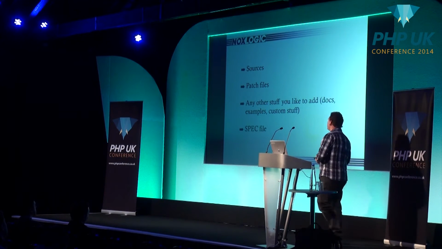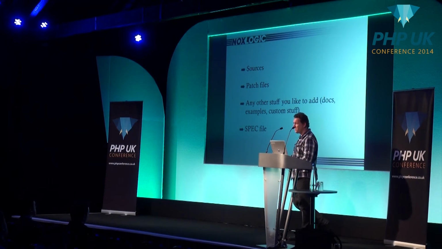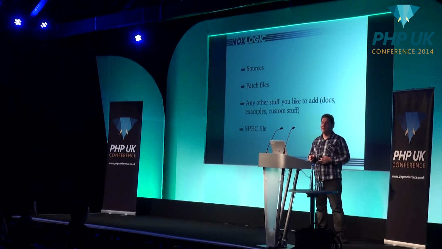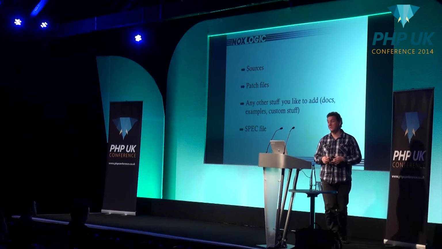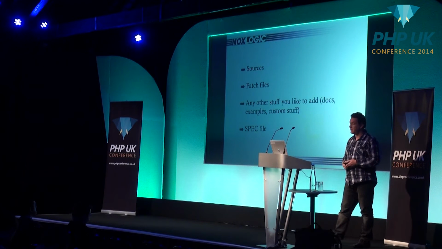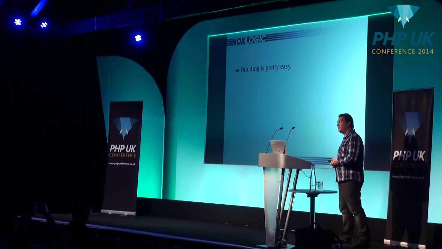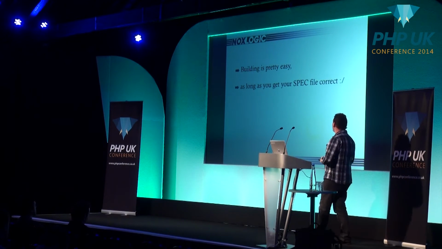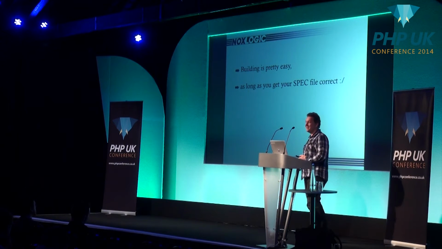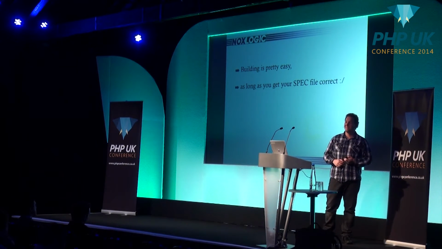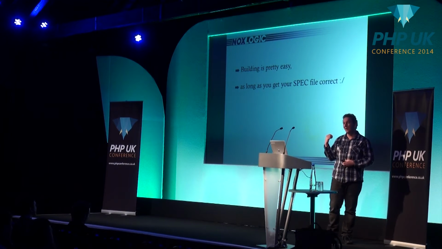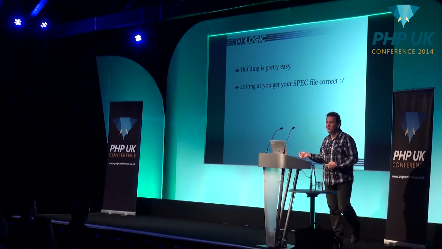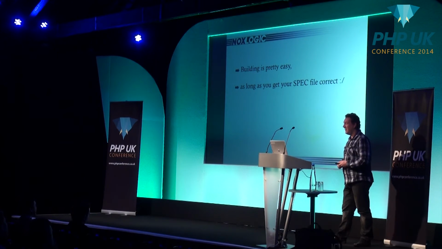And the most important part is you need to have a spec file. The spec file is really important because the spec file defines what we need to do with an RPM package. Building is pretty easy, as long as you get your spec file correct. So this sounds really easy, obviously, but getting a spec file correct is really hard.